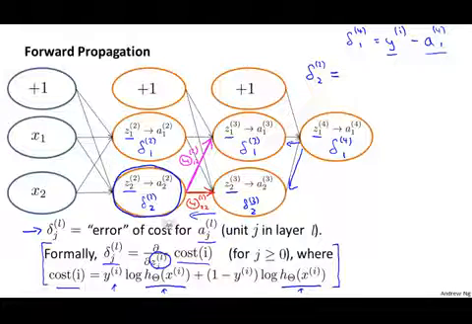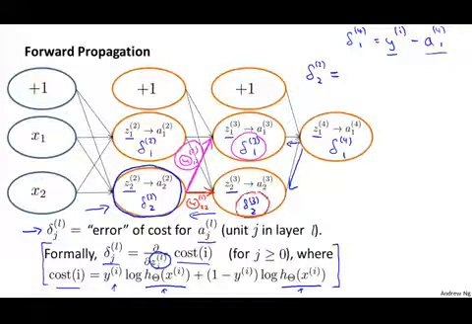So if we look at how delta 2,2 is computed for this node, it turns out that we're going to take this value and multiply it by this weight and add it to this value multiplied by that weight. So it's really a weighted sum of these delta values weighted by the corresponding edge strength.